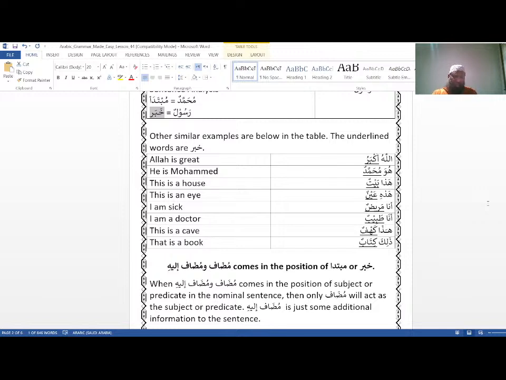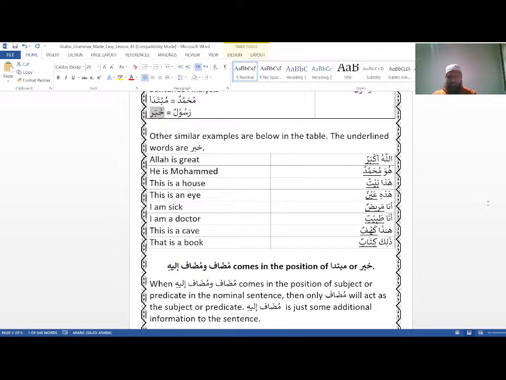When mudaf ilayh comes in the position of subject, which is the mubtada, or predicate, which is the khabar, in a nominal sentence, al-jumlatul ismiyatu, then only mudaf will act as mubtada or khabar.